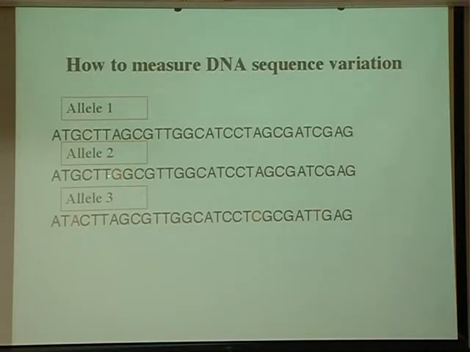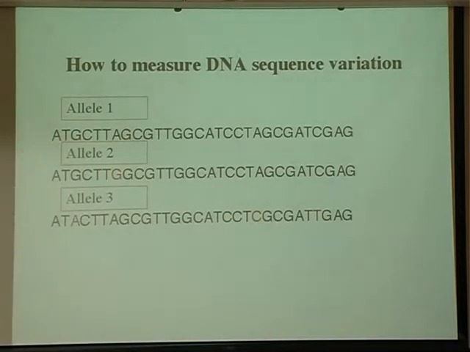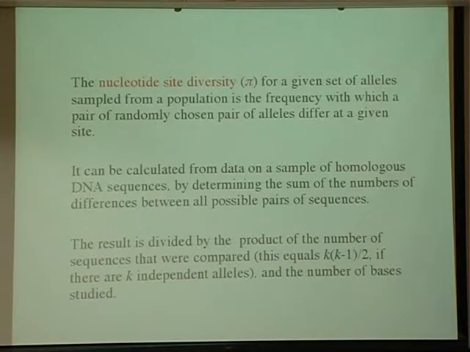So A is G here. This G is A here. And here we have C, and here we have T. So we have 4 nucleotide site variants, which we can call polymorphisms in that sample. There are 3 bases in this sequence. This is completely imaginary, but it doesn't matter.